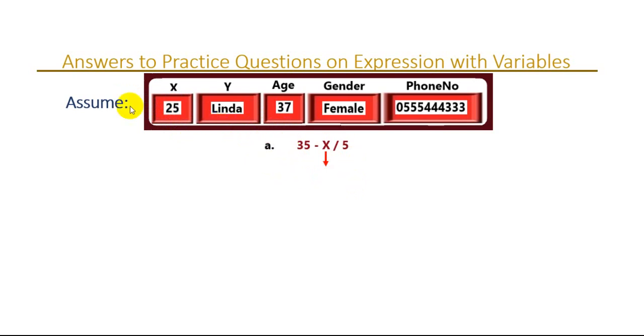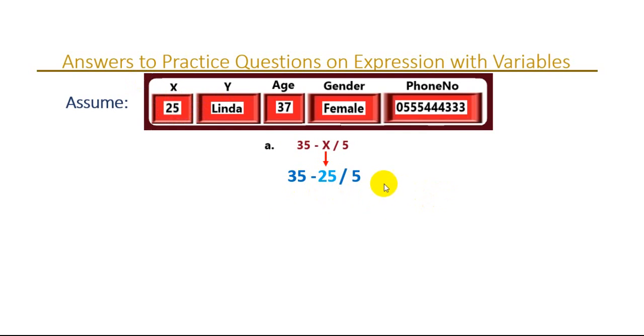But for our example, we are assuming X is 25. So we substitute that, and the rest of the formula we write as it is. So 35 minus, in place of X we put 25 because X contains 25, and divided by 5. So when you have an expression like this with a variable, the first thing you have to do is substitute the variable with the contents of the variable, like this.